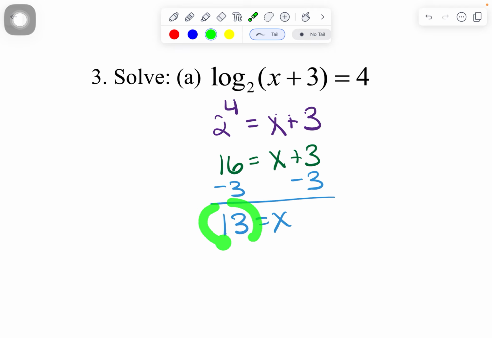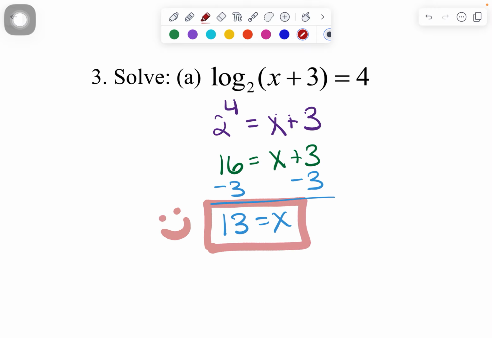What I need to do is make sure that when I put this value back into the argument of the logarithm, it must be positive. It has to stay positive at all times. So if I go with 13 and pop it back in here, 13 plus 3 is 16. Yeah, 16 is a positive number. We are good to go. So we have an answer here.